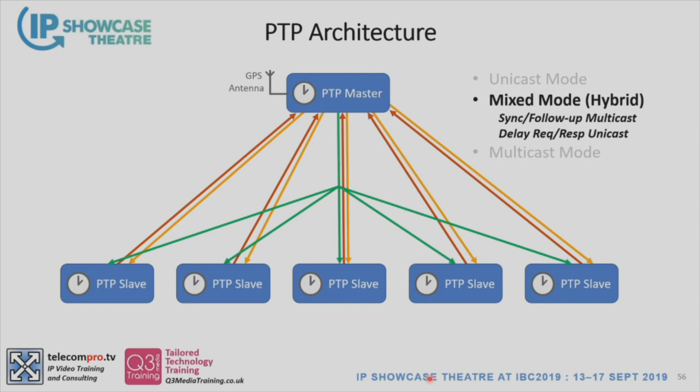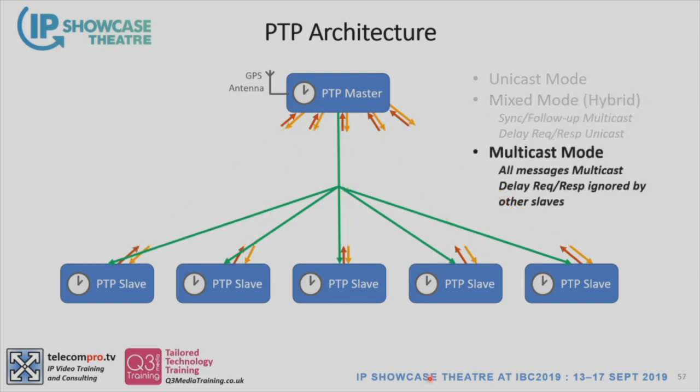So we can say, at that time now, I can shout to everybody rather than unicasting to one specific person. You could see this called mixed mode. Some people call it hybrid mode. So again, that sync and follow-up message is multicast, whereas you might use unicast for the rest. Multicast, though, is the default, and that's often the most likely to cause you problems, and that's why people are shying away from it and moving more onto mixed mode.